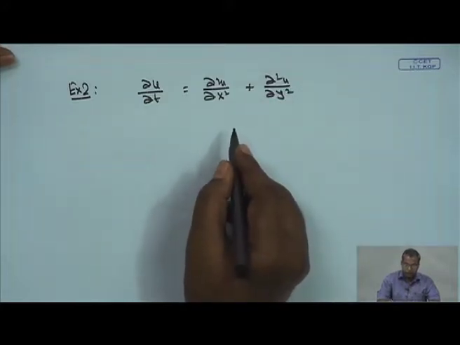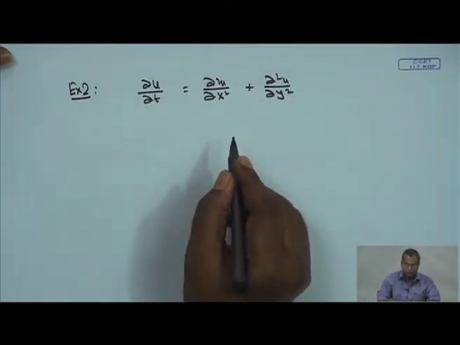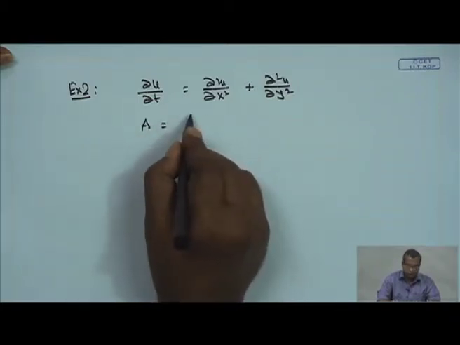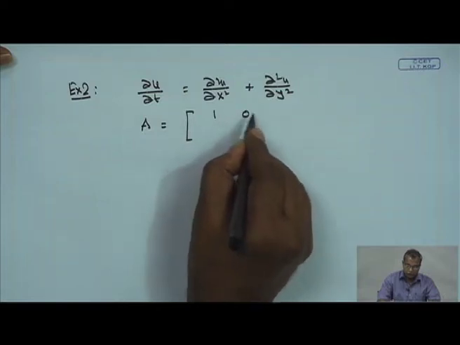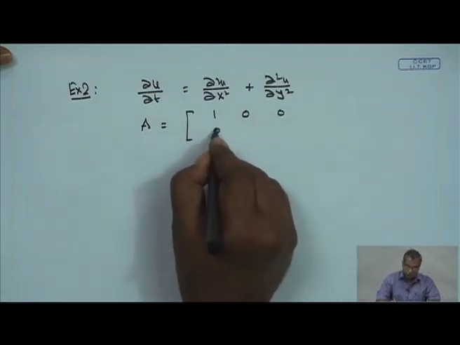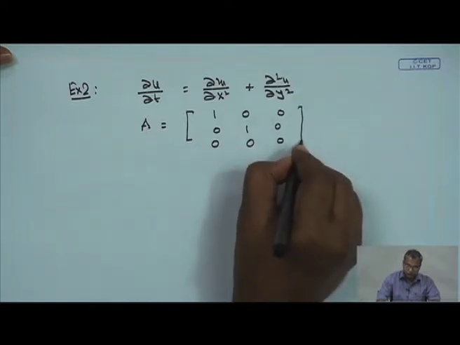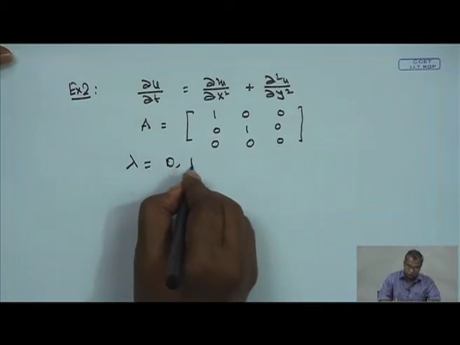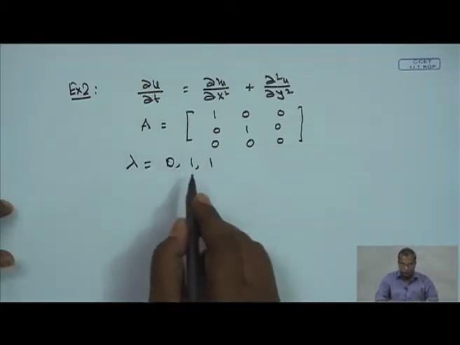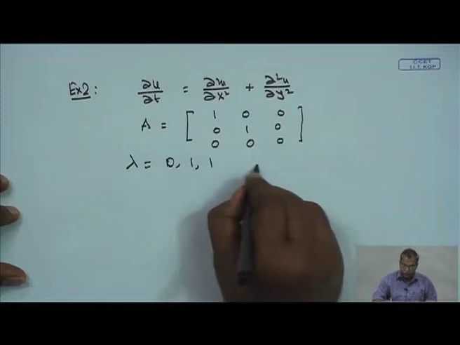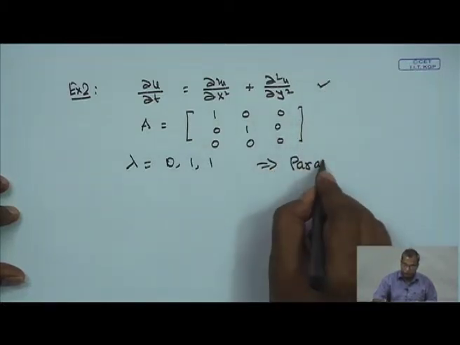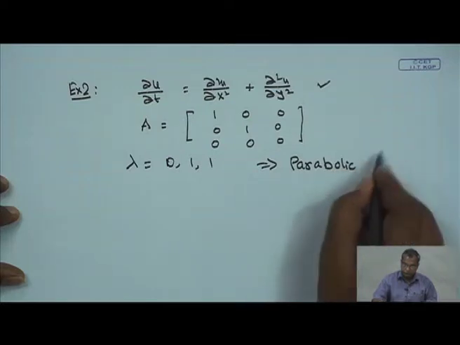If you recast the equation in the form that we have already discussed earlier and prepare the coefficient matrix, the coefficient matrix will be [1 0 0; 0 1 0; 0 0 0]. So therefore the eigenvalues will be 0, 1, 1. Since one of the eigenvalues is 0, we are dealing with a parabolic partial differential equation. So this equation is a parabolic partial differential equation.